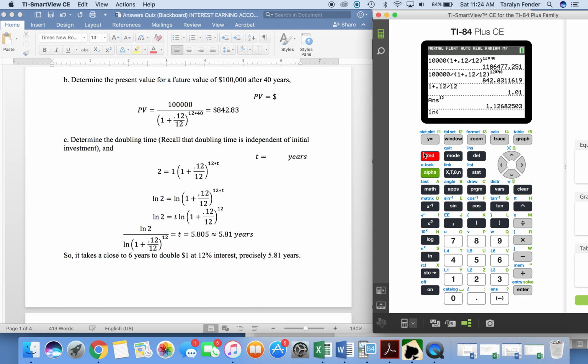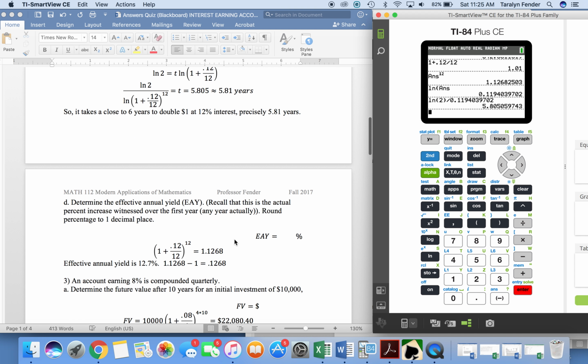We can do second answer, or we could go up and grab it and then press enter. So that's my natural log. Now I'm going to take the natural log of 2 and divide it by this answer. And that gives me 5.805, which is equal to 5.81 years.